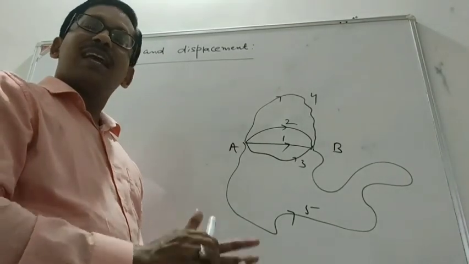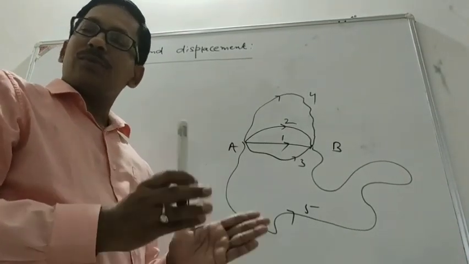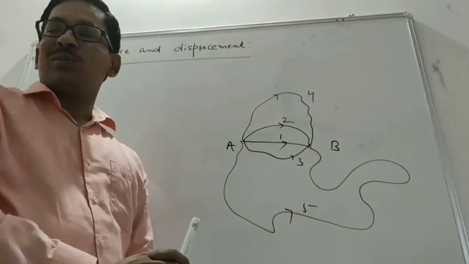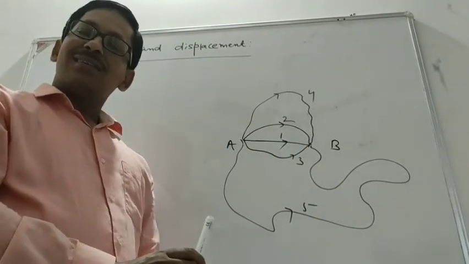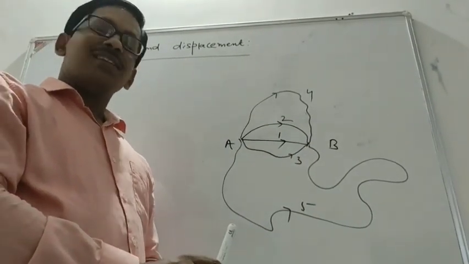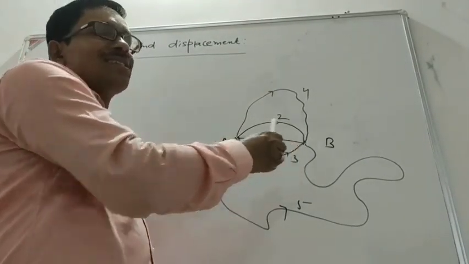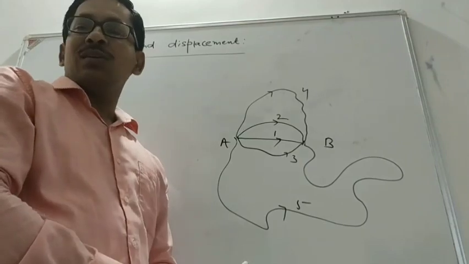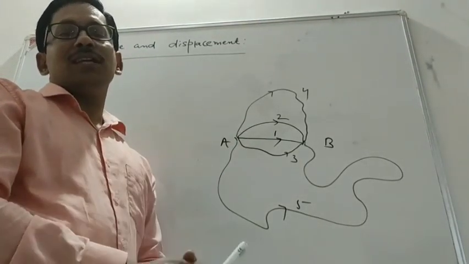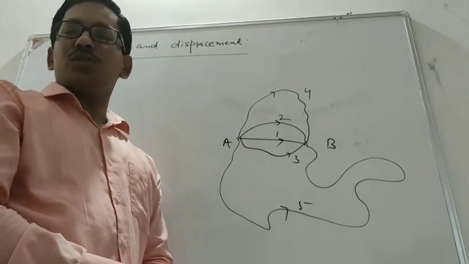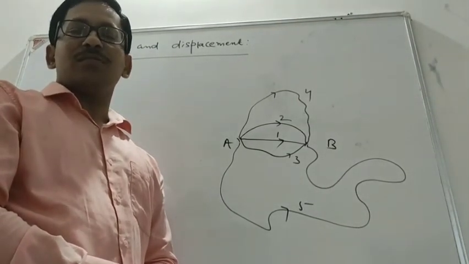It is the length of the path followed by the body from initial position to final position. From where the person started, that is called initial position. Where he reached, that is the final position. So, the length of the path followed by the body while going from initial to final position is called distance covered.